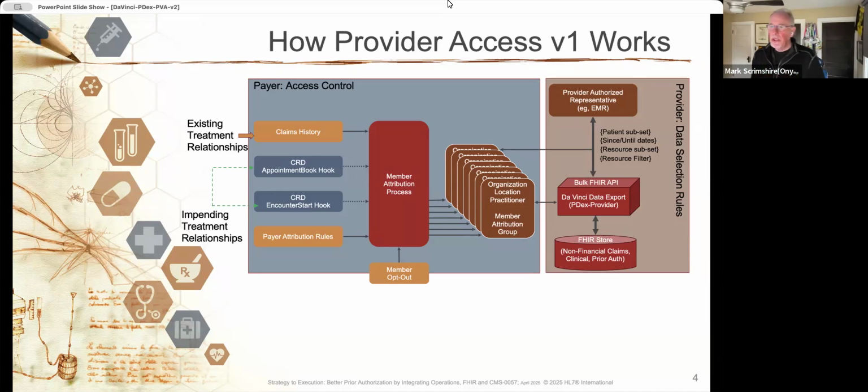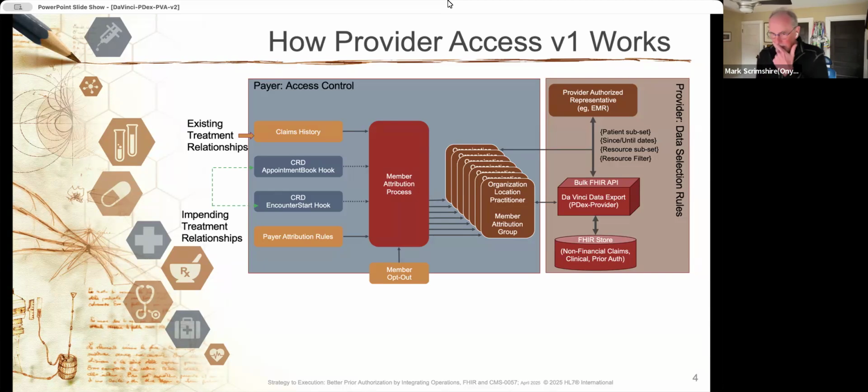They could also choose to use other triggers, such as we suggest. We don't require, but as we suggest in the IG, you could, for example, use the CRD appointment book or the encounter start hook as saying, here's an indication of an impending treatment relationship, and therefore update the list so that the provider can then come in and make a request.